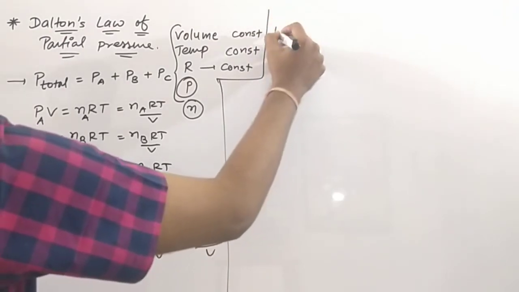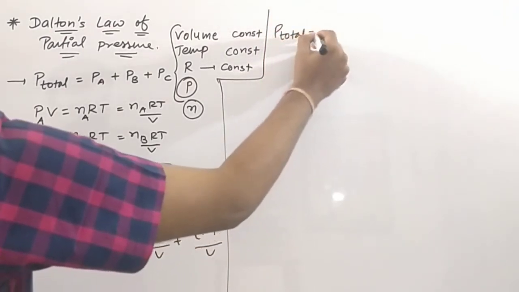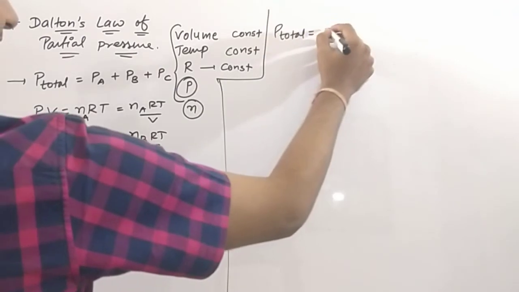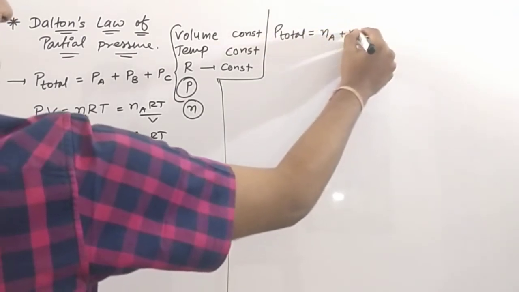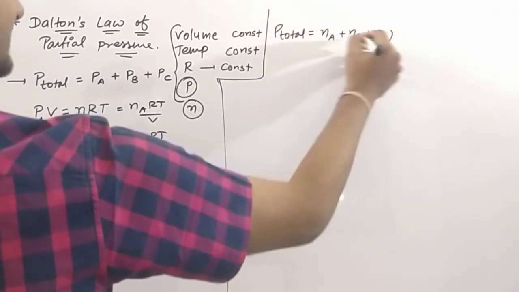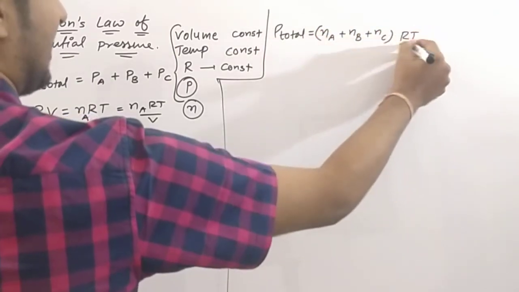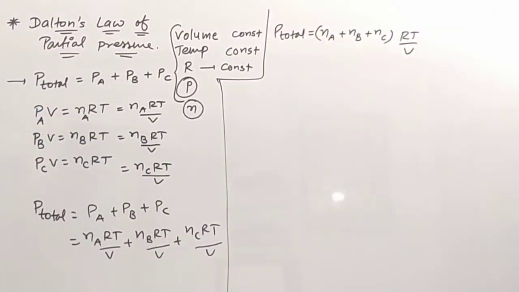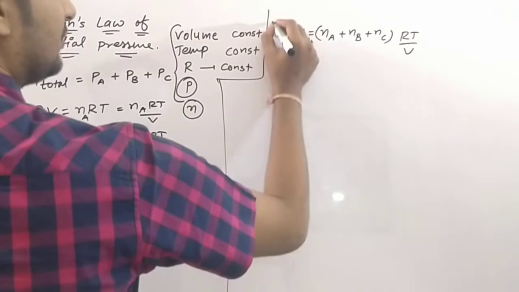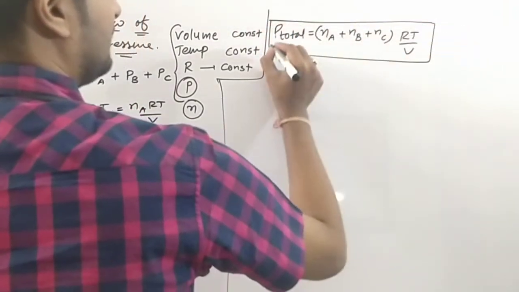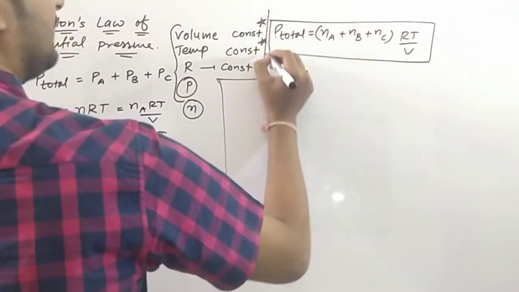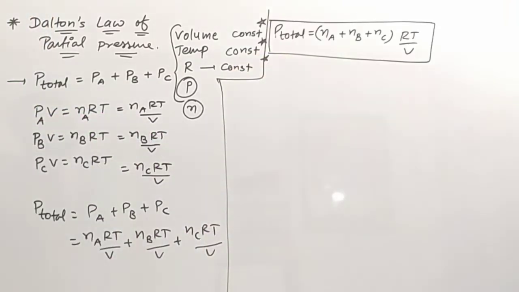So here you can simply write that P total is equal to (nA plus nB plus nC) into RT by V, where R is the gas constant, T is the temperature, and V is the volume. This will be a very useful formula for numericals: P total is equal to (nA plus nB plus nC) into RT by V.